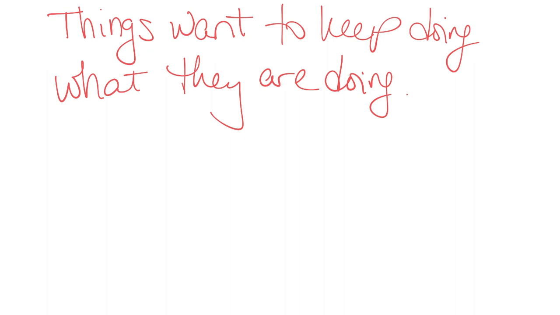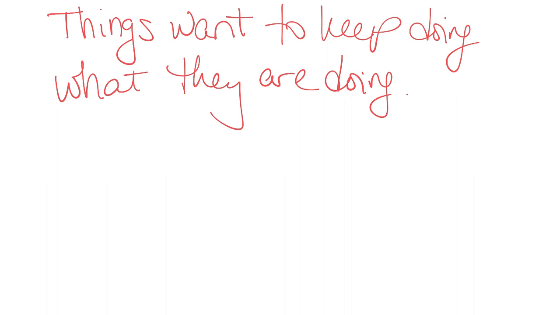Then what would things do? And what he realized was that things actually want to just keep doing what they're doing. And the only reason that they change any of that is because of forces. And that's a big deal. Just that idea is a big deal.